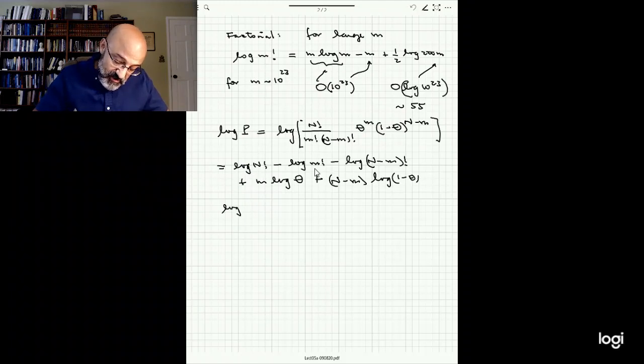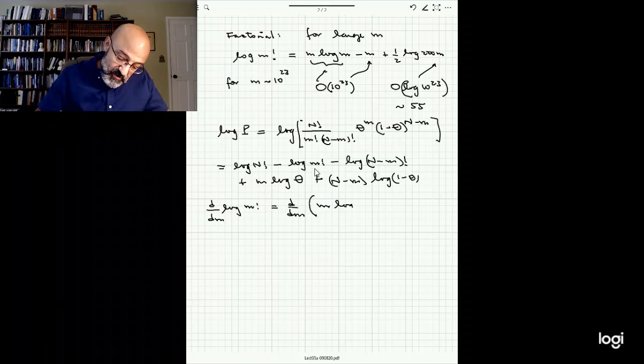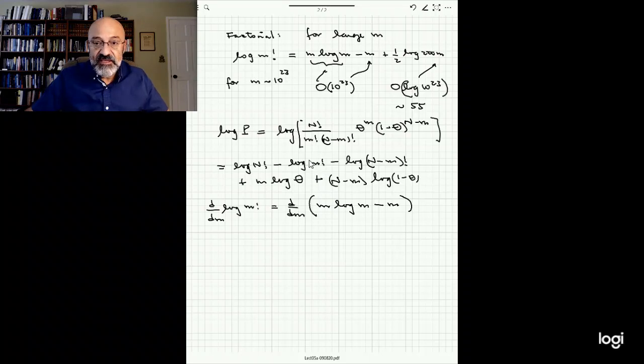The derivative of log m factorial is d/dm of that, which is d/dm of m log m minus m. I'm neglecting the much smaller third term.